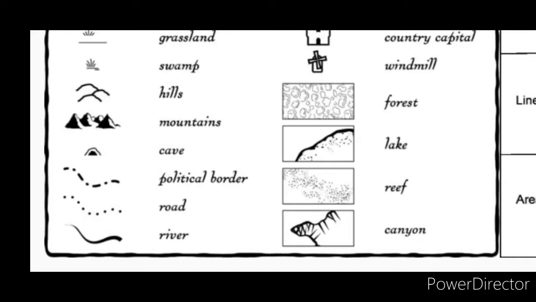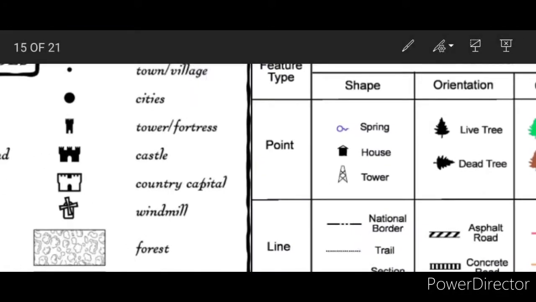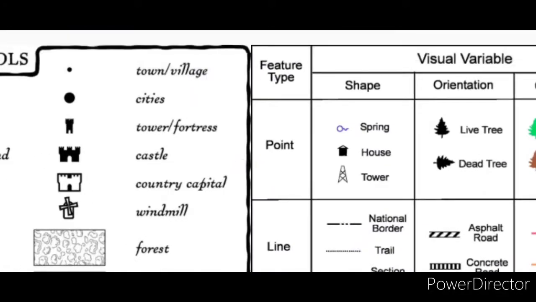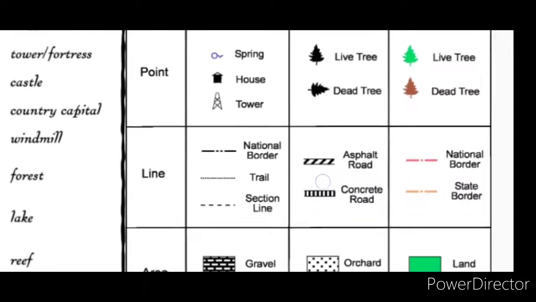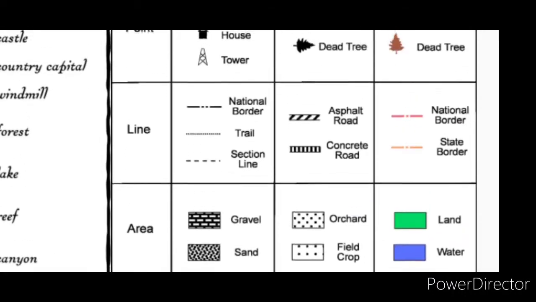And then this one is for river. If it is a very detailed map, it will also give you information, so these are the signs that we use to represent houses. Then towers, signal towers. Then you have different signs that represent roads, asphalt road or concrete road.